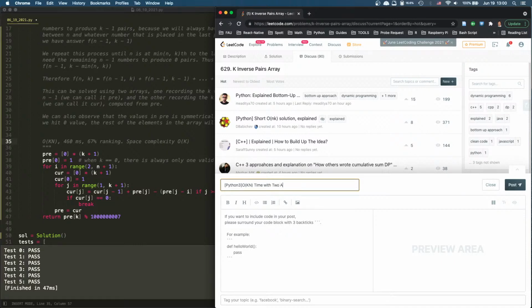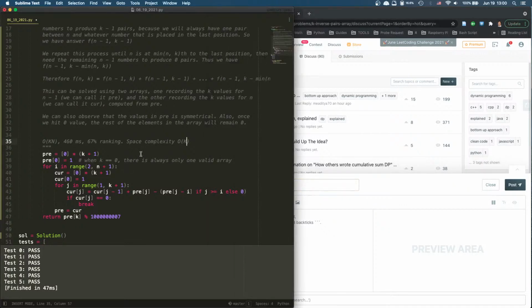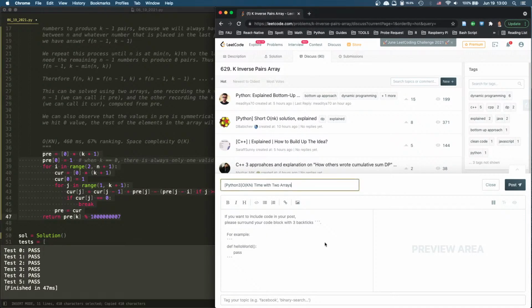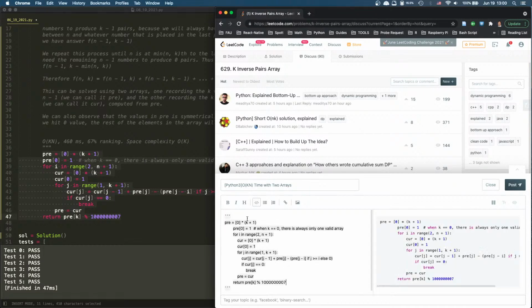Yeah, I say with two arrays. I'll always first give the code. Right, I'm gonna do the code first, and then specify as Python.